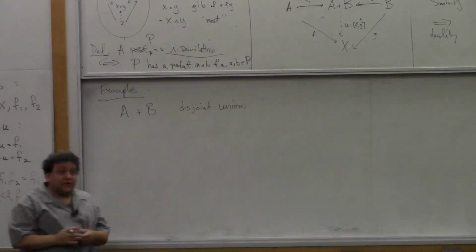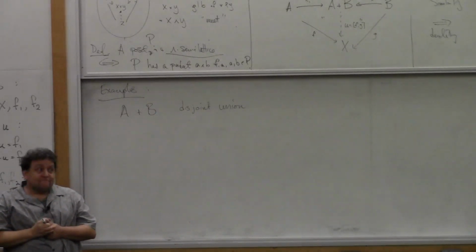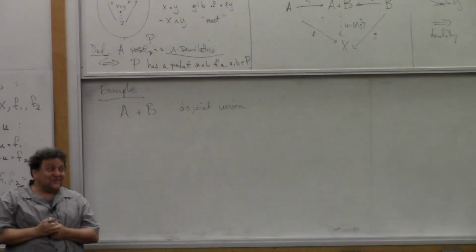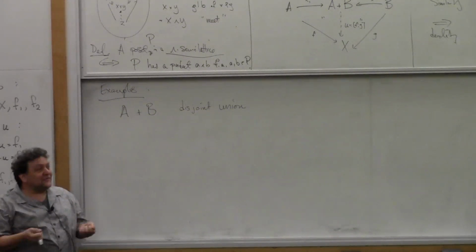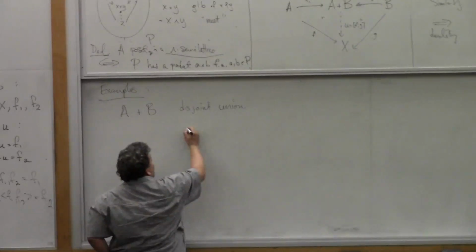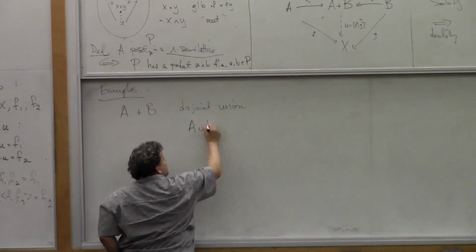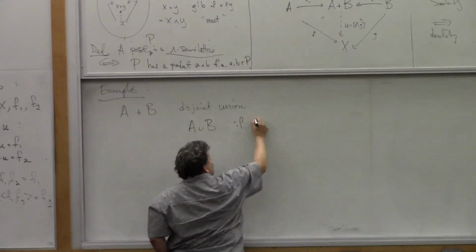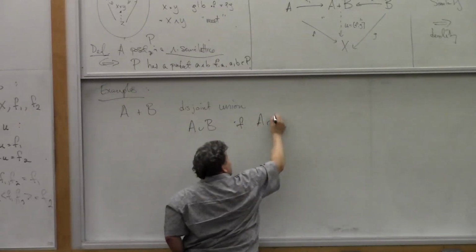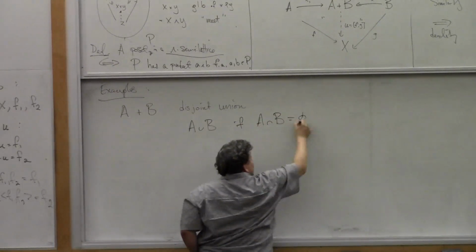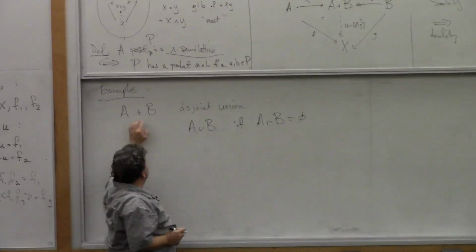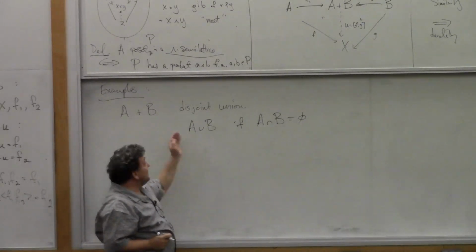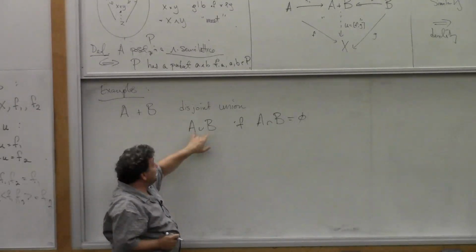How do you build the disjoint union of two sets? It doesn't matter as long as it's disjoint. It'll have the universal mapping property, right? There are lots of different specifications. You could say, well, just take A union B if it happens that they don't have any intersection. That would be a disjoint union. But what if they do have an intersection? Well, then move one out of the way by taking a copy of it, or put in some tags.